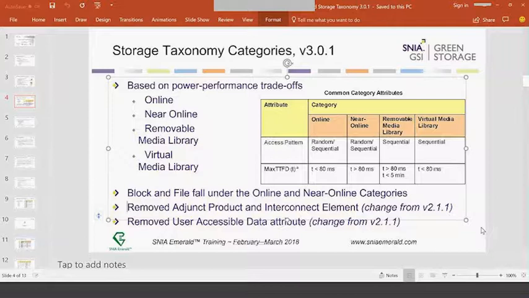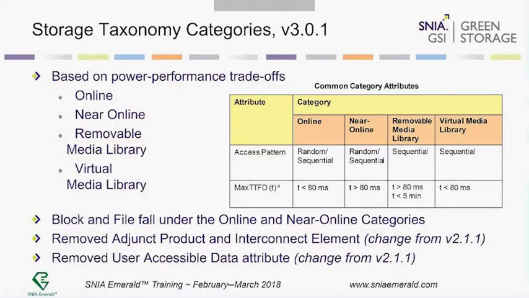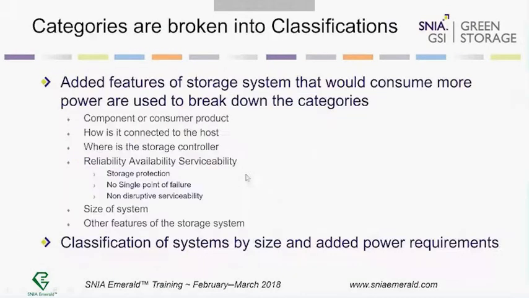And I'll run quickly through some of these other ones. Oops, just a sec, I'll expand this. Yeah, there we go. We broke the various categories, the online, near online, and such, into classifications.